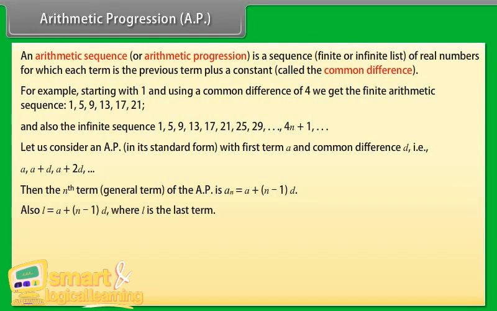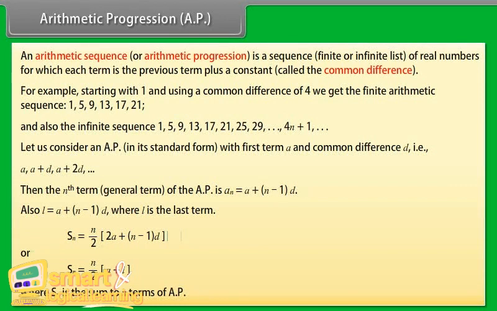Also, l is equal to a plus (n minus 1) into d, where l is the last term. Also, Sn is equal to n by 2 into (2a plus (n minus 1) into d), or Sn is equal to n by 2 into (a plus l), where Sn is the sum to n terms of AP.